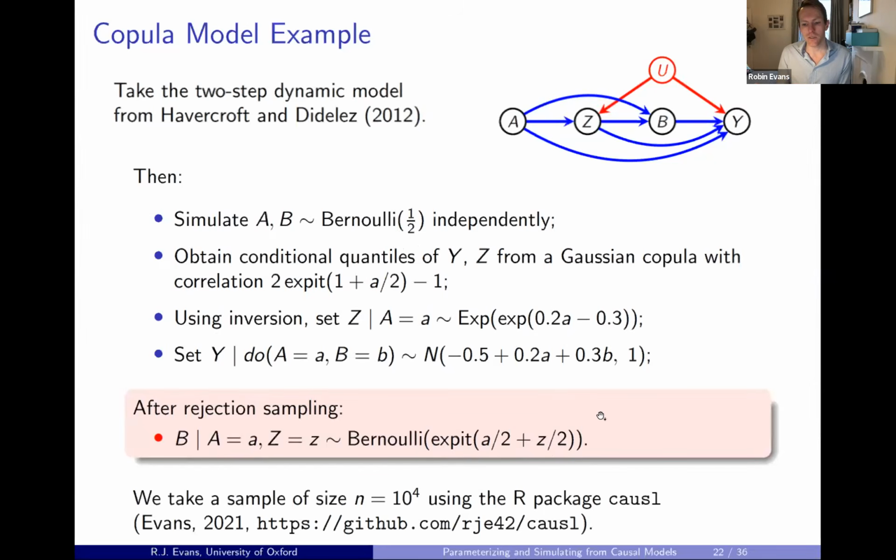I'll then bound that over the space of the variables, sample some independent uniforms, and reject if those uniforms are greater than the value of the ratio that results. And you can do this using our R package, which is available at this GitHub page. And you can replicate the experiments that are being demonstrated now.